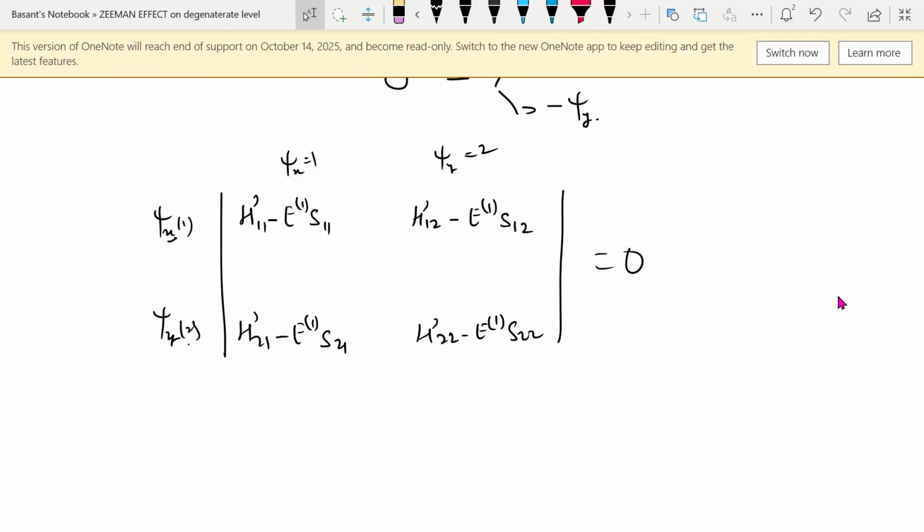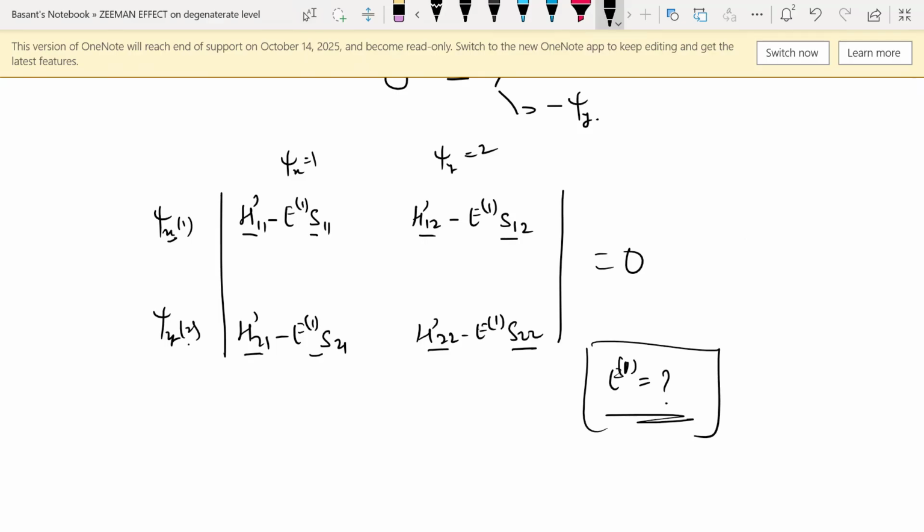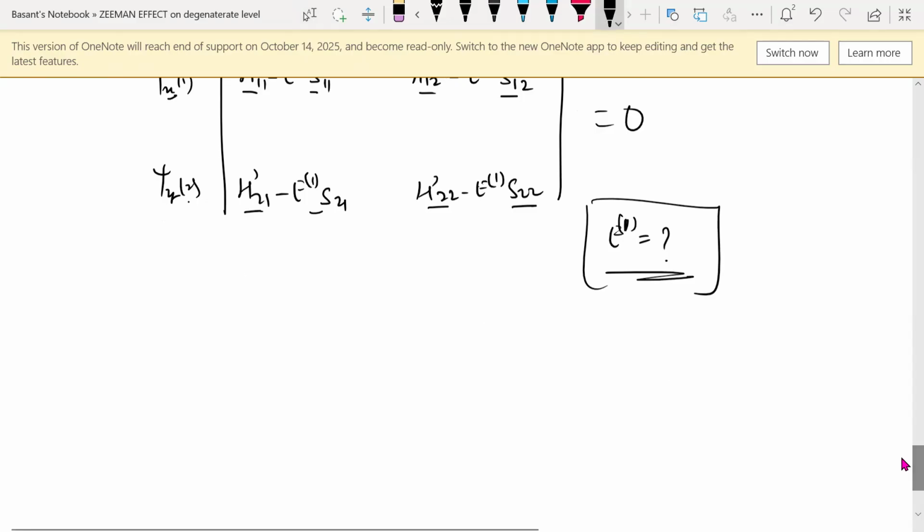Now, what are these integrals? By putting in the values of these integrals, we get E1, that is the first order correction in energy. So for calculation, first of all I have to see H dash 11. For this, I have to normalize the wave functions.